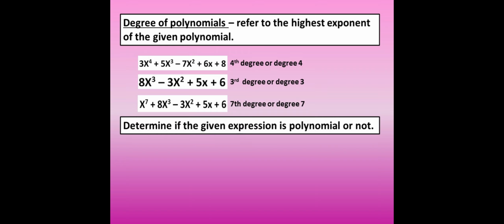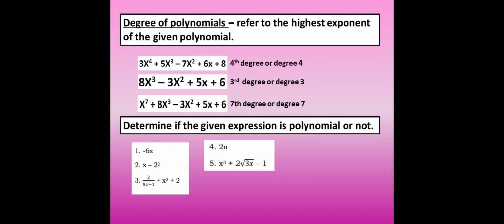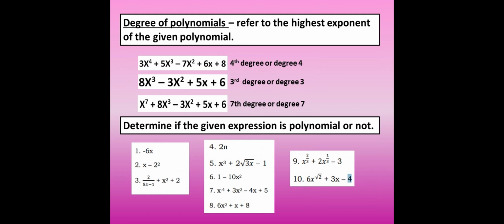And this time, how do we determine if the given expression is a polynomial or not? We have these 10 given expressions. The only polynomials among these 10 expressions are number 1, number 2, number 6, and number 8.